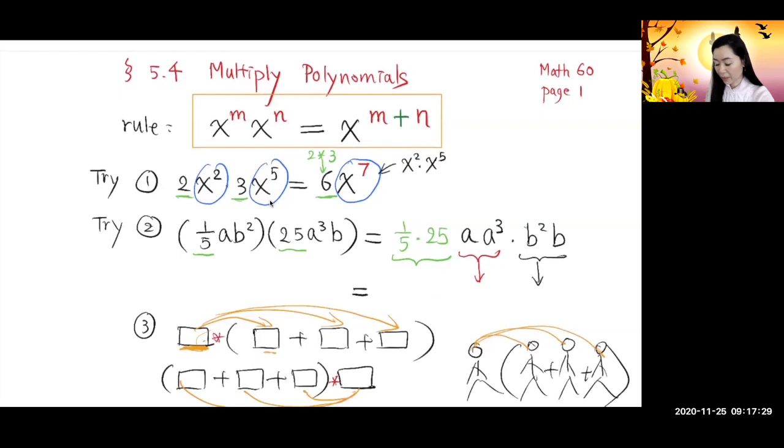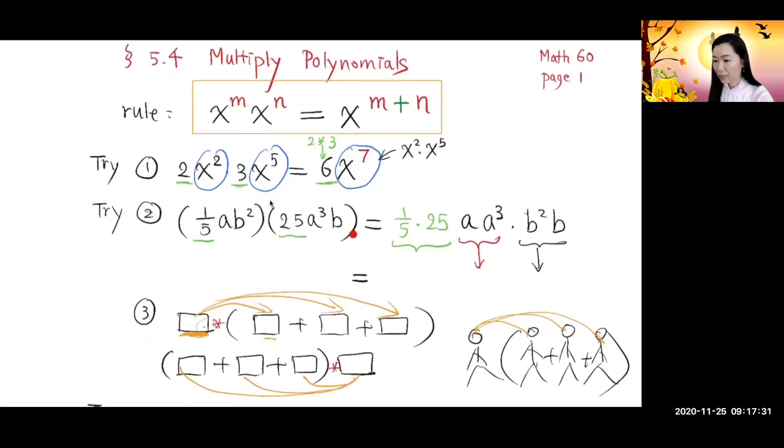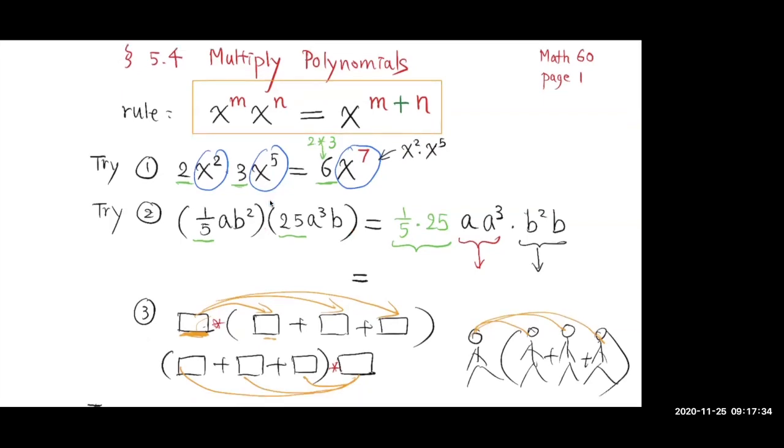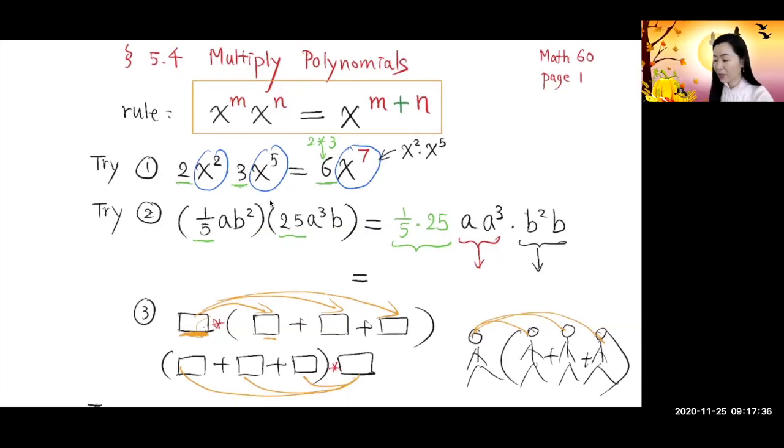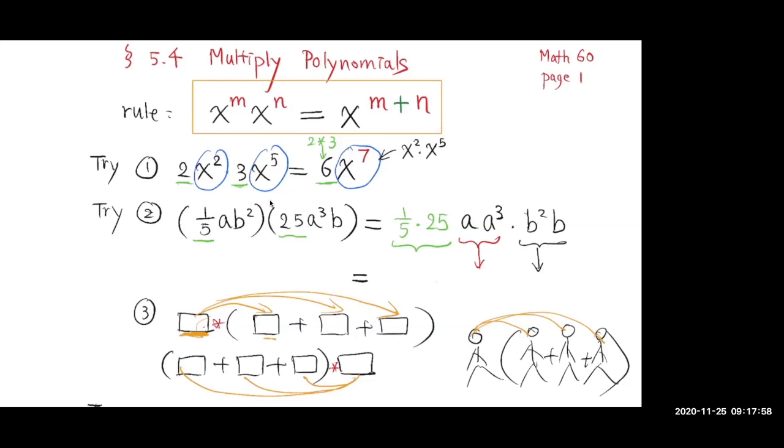Okay, number 2. It's very similar. You multiply the numbers, because multiplication is commutative and associative, so you can multiply in any order you want. You multiply these two numbers first in front, and then the A, and then the B. 1/5 times 25 is 5.